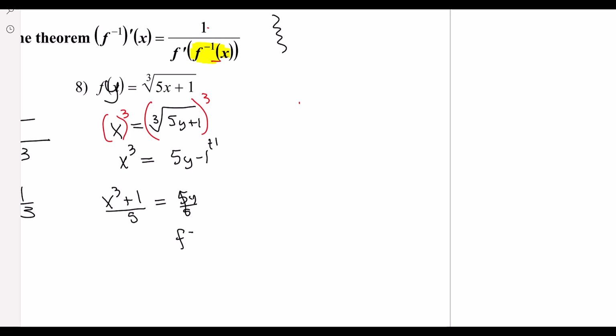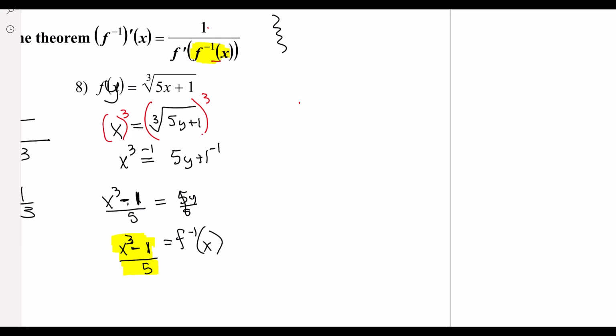So now we have our inverse function. Except that was a plus 1. We needed to subtract 1. Oh, I'm glad I caught that. Yeah, so we're subtracting 1 from both sides, not adding. Okay, so that right there is our inverse function.